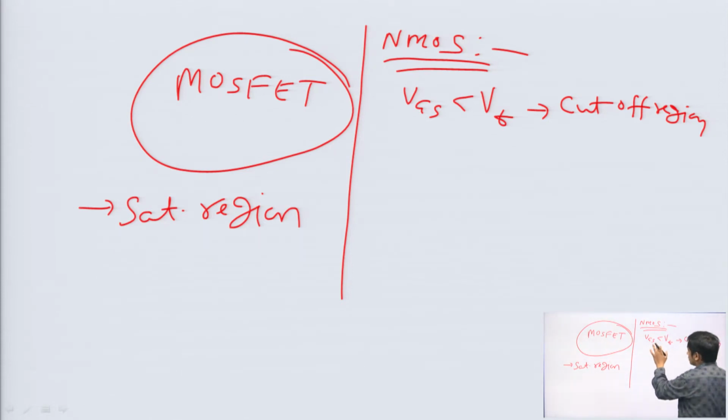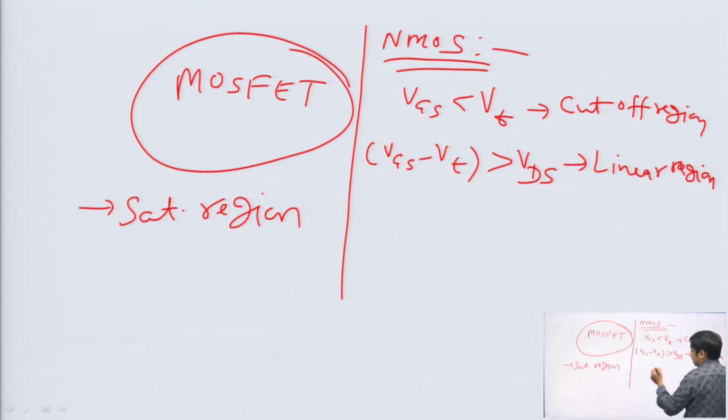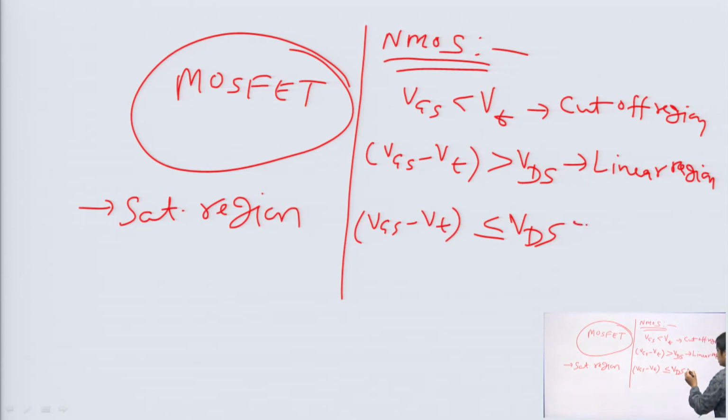And if your overdrive voltage VGS minus VT is greater than drain to source voltage VDS, then your NMOS will be in linear region, also called triode region. And if your drain to source voltage is greater than or equal to the overdrive voltage VGS minus VT, then your MOSFET is in saturation region.